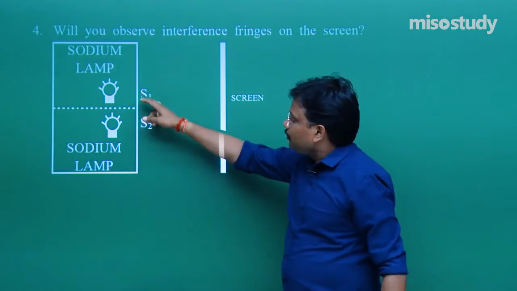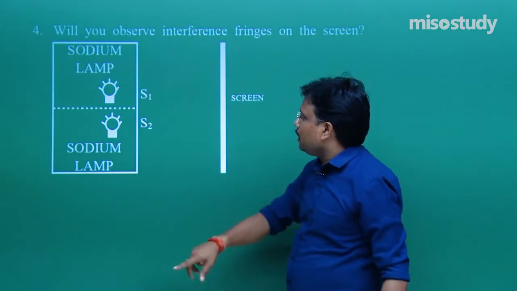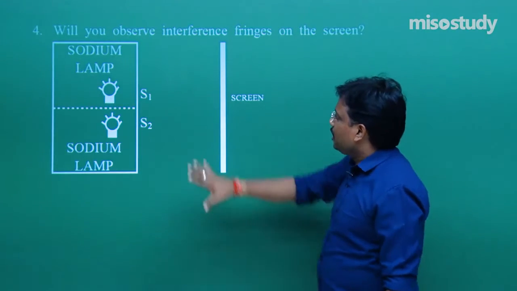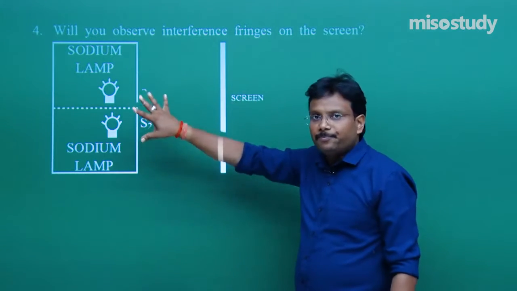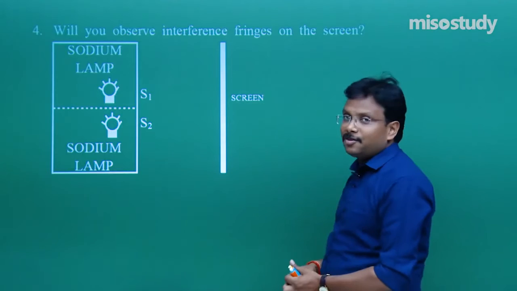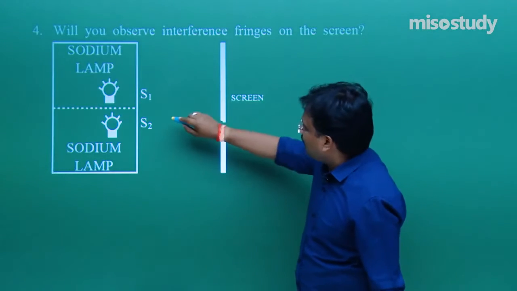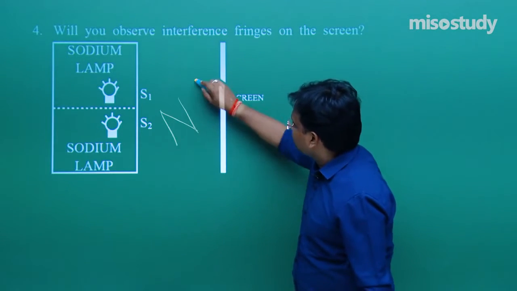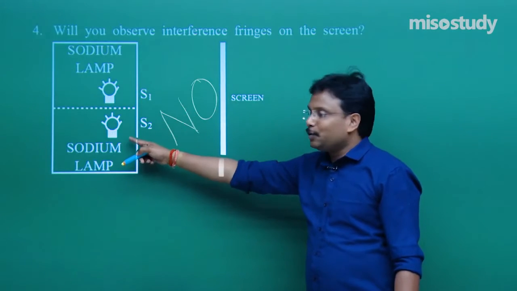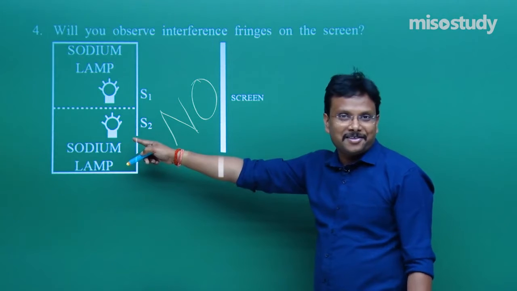There are two sodium lamps S1 and S2, and this is the screen. The question is, with this setup, is it possible for you to achieve interference fringes on your screen? The answer is, light added to light will give me darkness.